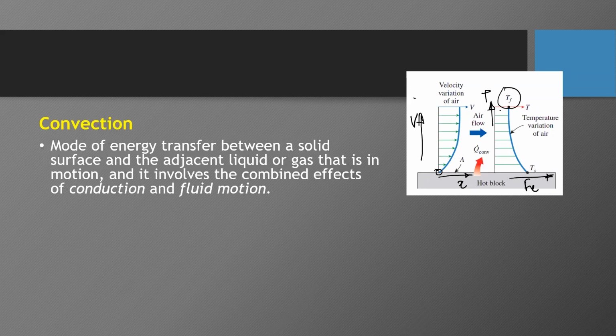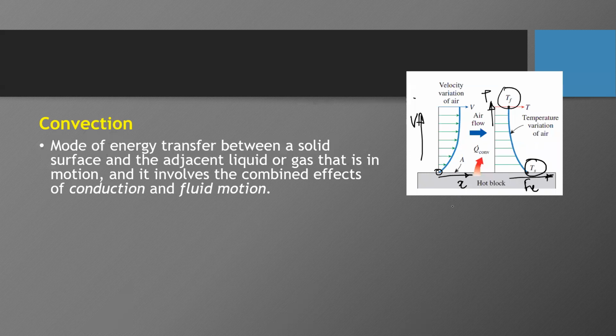TF is the temperature outside, your air flow temperature, let's say room temperature or whatever. TS is the surface temperature of the hot block, and it is going to change in this way. So you can see there is a relationship. When the air flow velocity is increasing, the convection effect will increase.